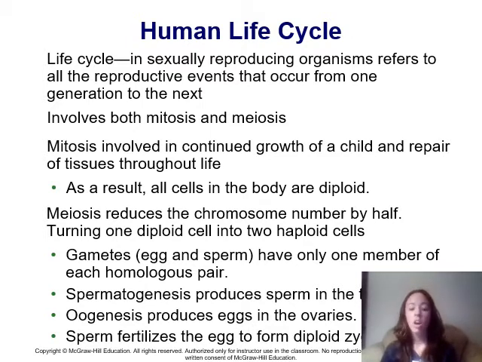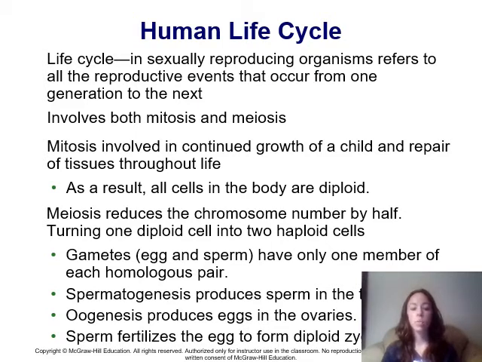As a result, all cells in the body are diploid, again meaning that they contain the 46 chromosomes. Meiosis, though, reduces the chromosome number by half, turning one diploid cell into 2 haploid cells. Gametes, which include egg and sperm, have only one member of each of the homologous pairs.